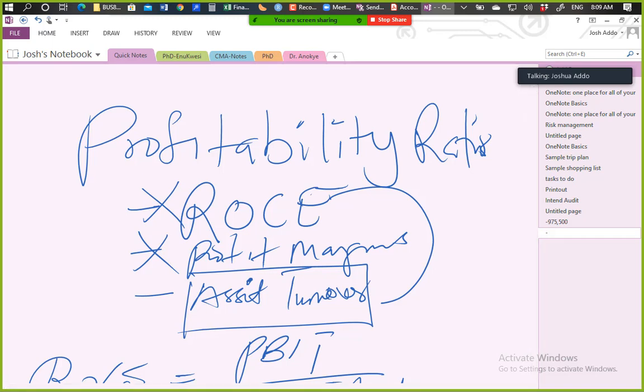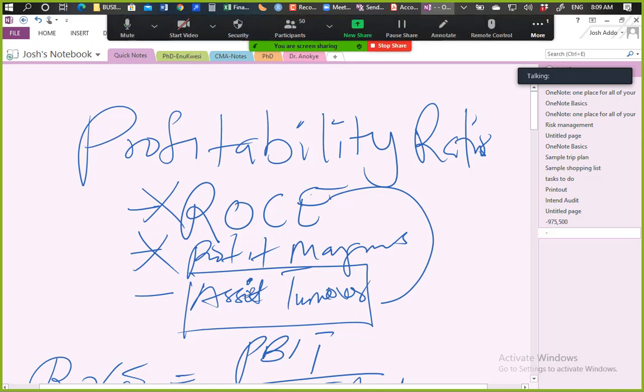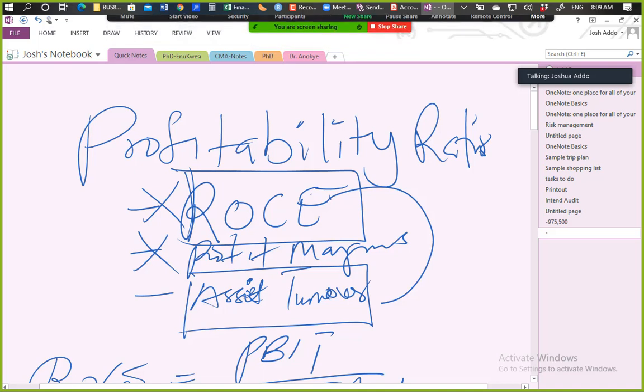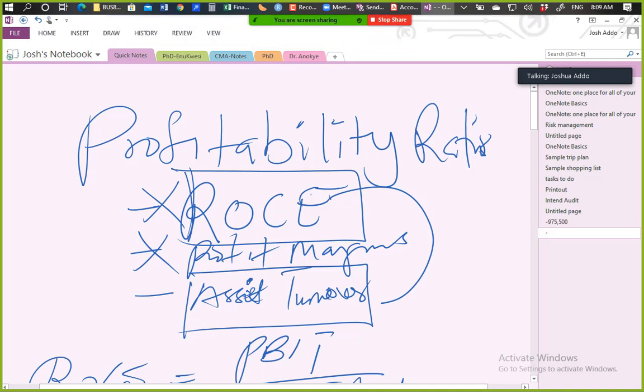But I said I will have to talk about asset turnover, because when we split this ROCE into two forms, we can analyze it in some detail, and you will see that the detail will show asset turnover.